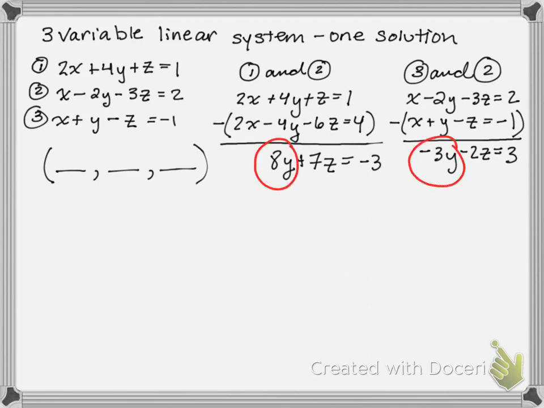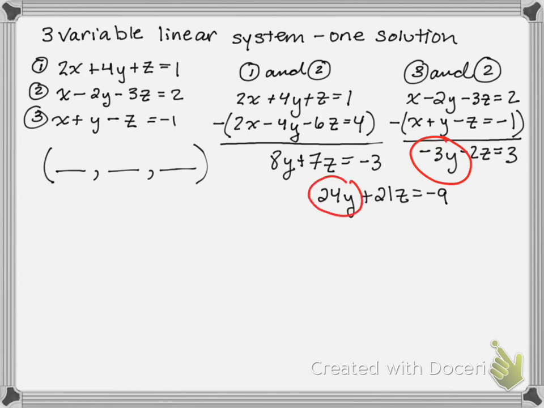So I need to multiply these equations by a constant so that the y coefficients match up. The first equation, I will multiply everything by 3, and the second equation I will multiply everything by 8 so that I'll have a negative 24.